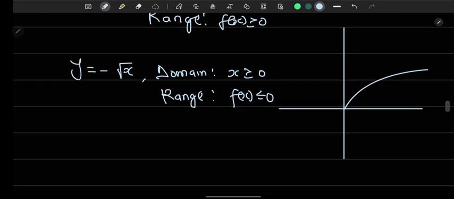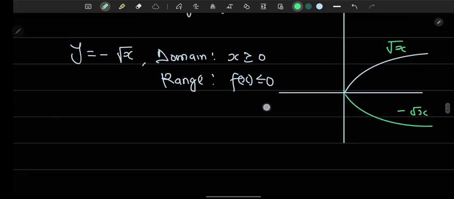So you have the curve for minus root x to be something like this. That is the only difference there. So this is root x, and this is minus square root of x.